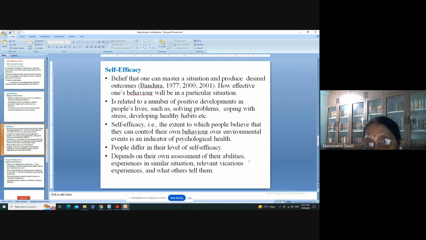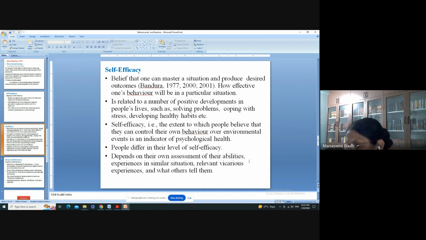People's sense of self-efficacy can be high or low depending on what has happened in similar circumstances in the past. So their success or failure experiences in the past can influence their self-efficacy.